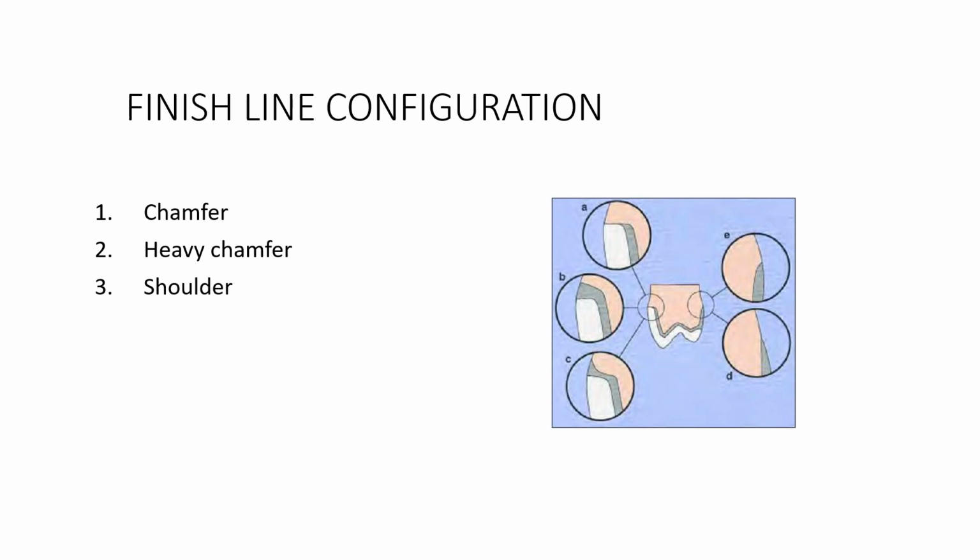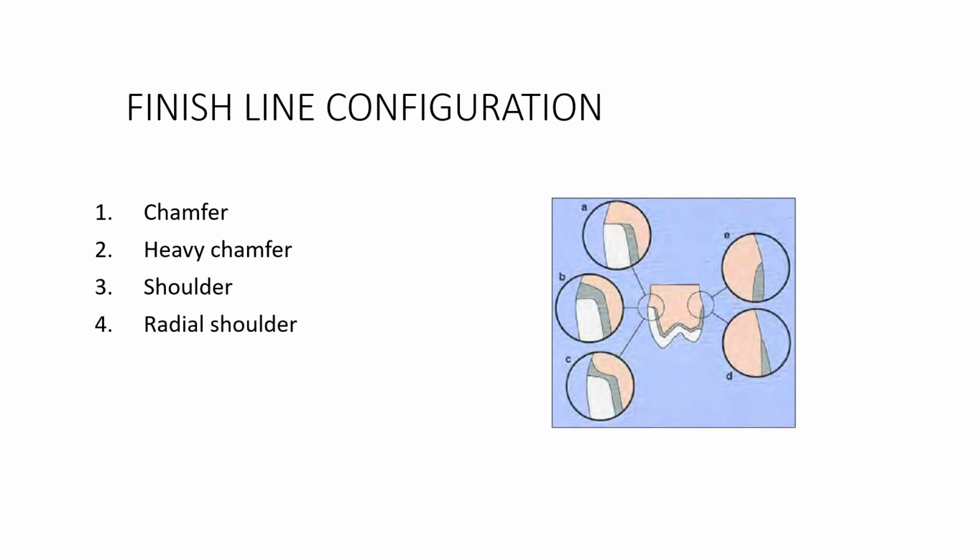The third is the shoulder that we discussed. The shoulder was the most preferred finish line for porcelain fused to metal and for all ceramic restorations in the past, but nowadays, due to the advent of technology and better performing materials, we can use a heavy chamfer instead of a shoulder. Nevertheless, the shoulder is one of the most common finish line configurations.